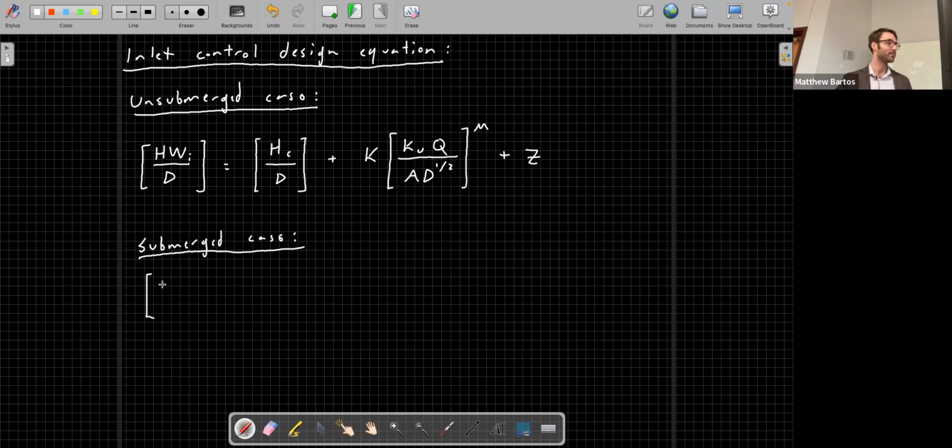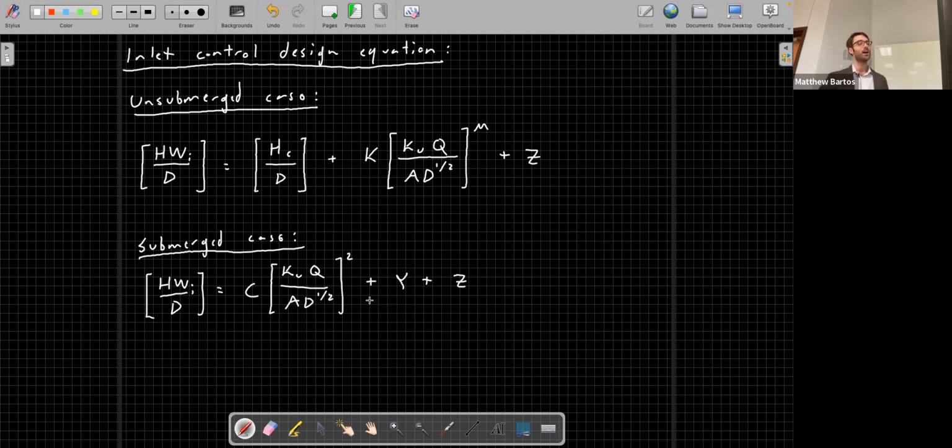You'll have the headwater depth divided by the diameter is equal to C times quantity K sub U Q divided by A D to the 1/2 power, squared, plus Y plus Z, where Y and C are again lookup table coefficients that depend on the culvert and inlet type.